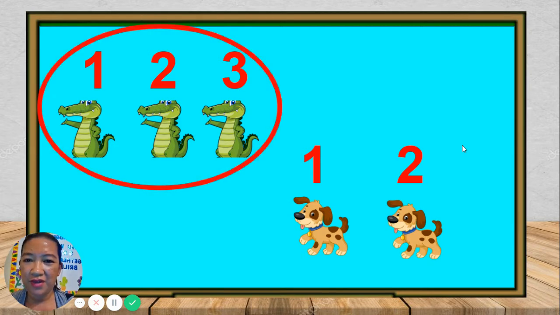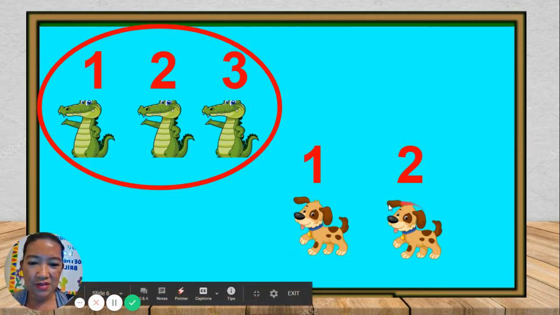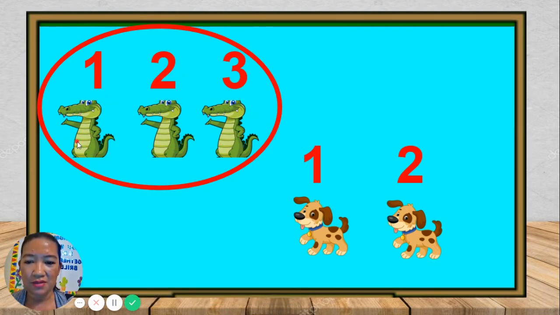Now let's try to find out which one is the larger or more numbers. Okay, let's have this 3 right here. It shows that this is larger than the other, than the dogs. Okay, since we have here 3 alligators. Or we could also say this is more than.